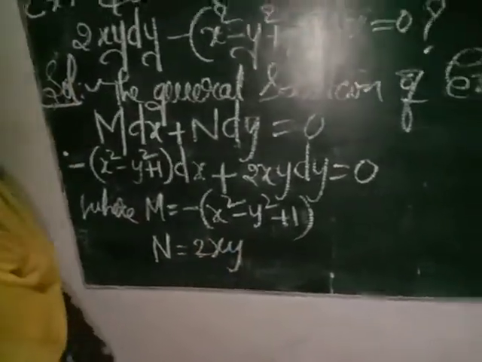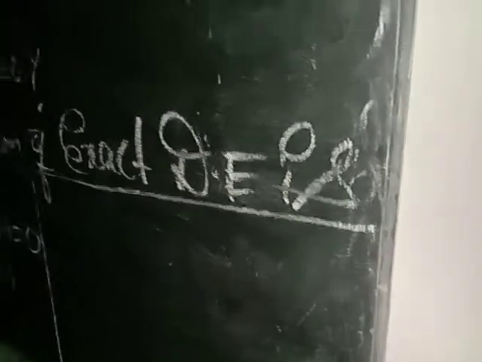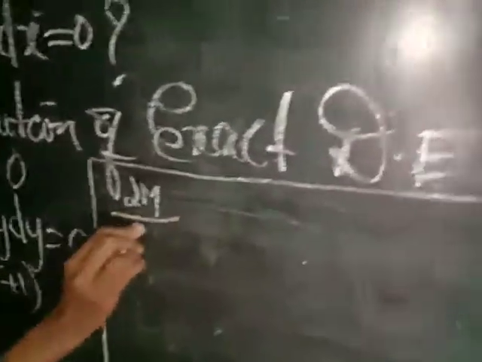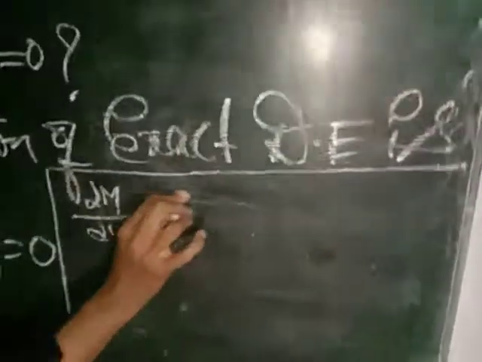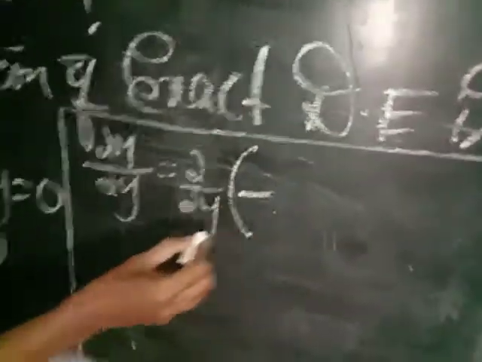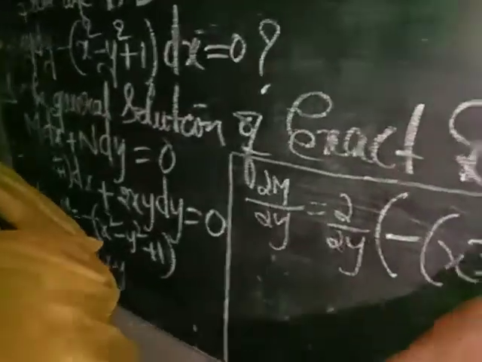Next we have to find dou M by dou y and dou N by dou x. Here dou M by dou y is dou by dou y of M, that is minus (x square minus y square plus 1).